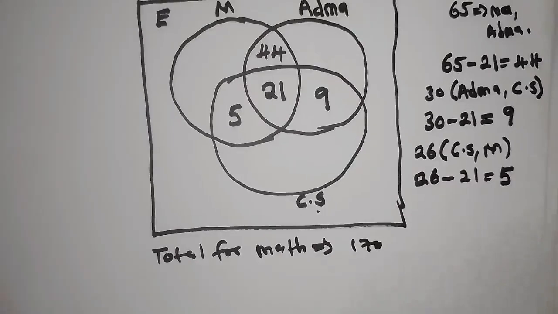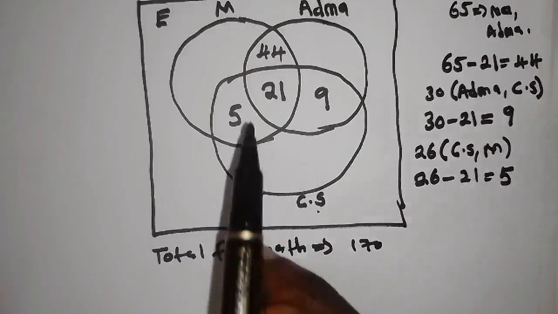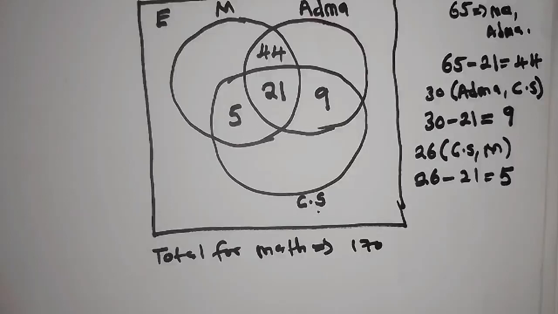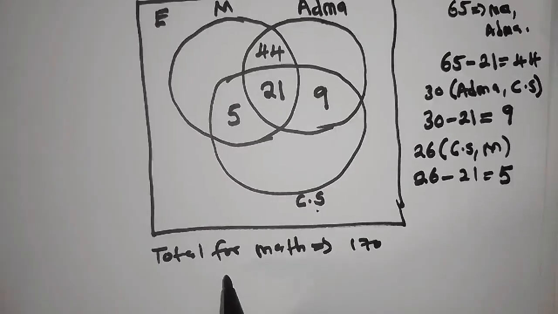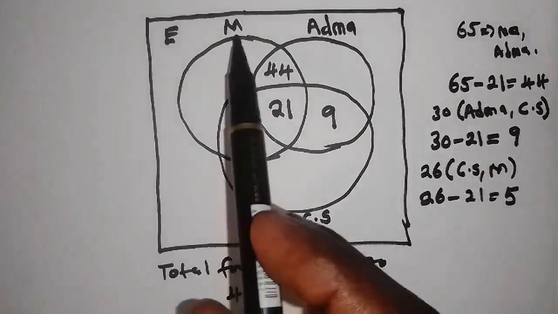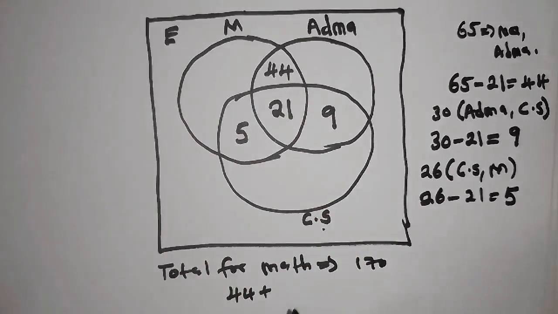Okay. So what you do is we have to know how many taught mathematics only. So mathematics only, you are going to say 44 plus, you're just going to add everything there.